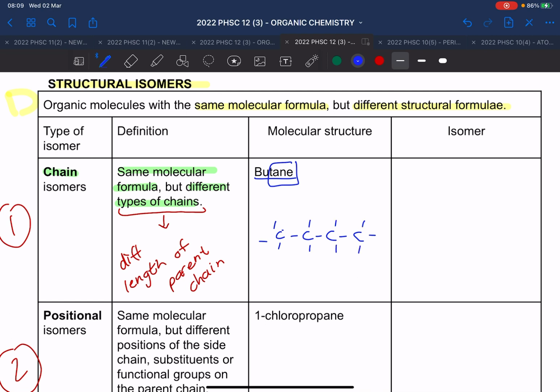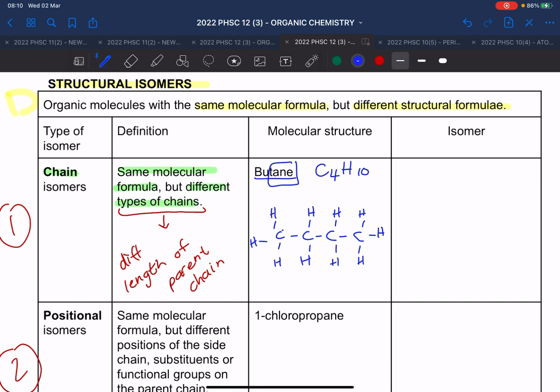Remember, in the test and exam, you must fill in all of your hydrogens. If one is missing, then you lose a mark. Now I want to write down the molecular formula. The molecular formula will be C4H10.